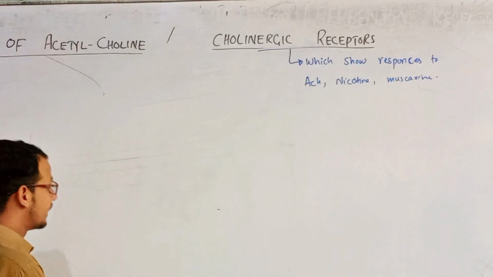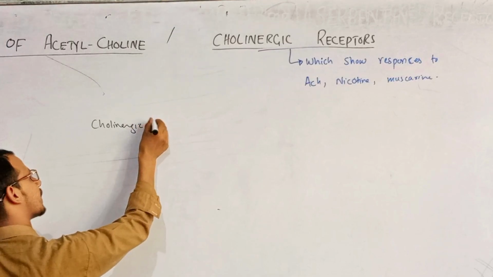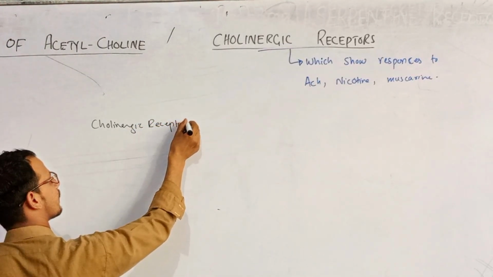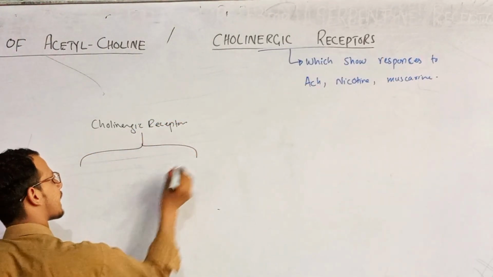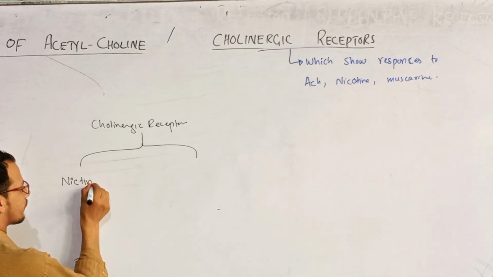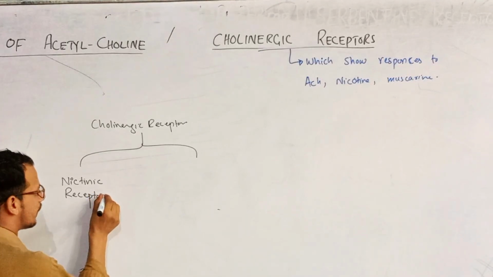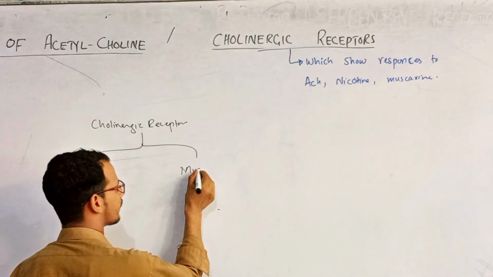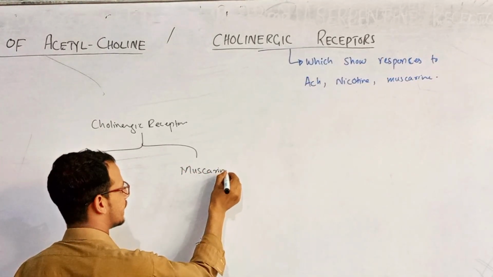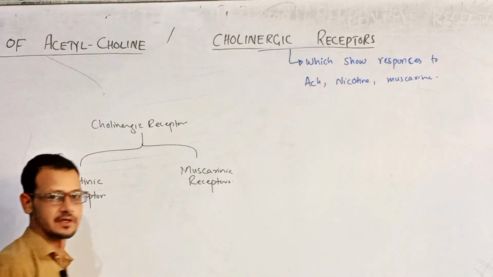Right, so we have cholinergic receptors. How many types of cholinergic receptors? Two types. One is nicotinic receptors and one is muscarinic receptors.